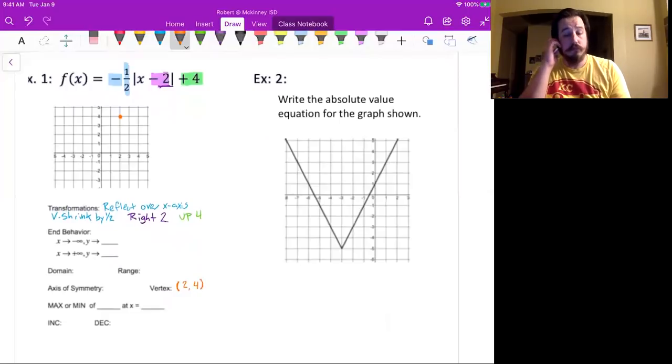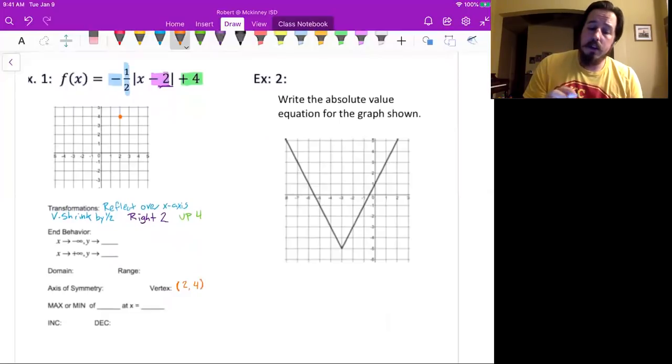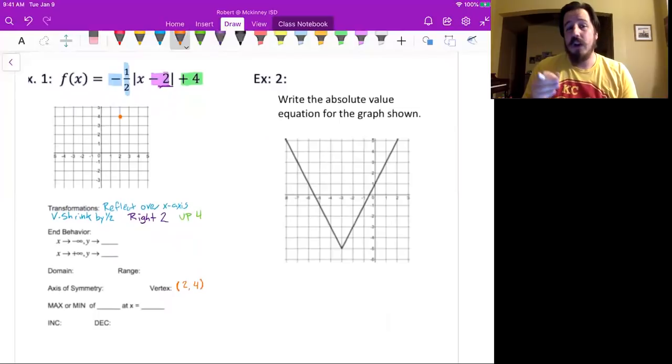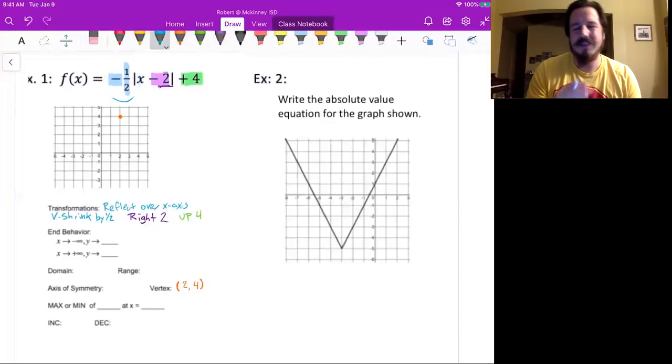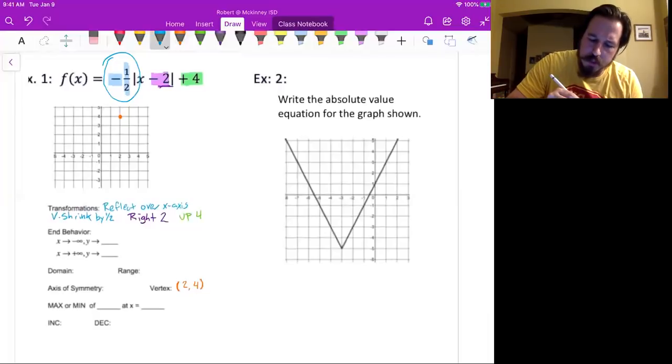Okay. Now, for right now, you can think of your A value similar to slope. That's how we can count it. So it goes down 1 over 2, but it goes the same in both directions so that I still have that general V shape. Okay.